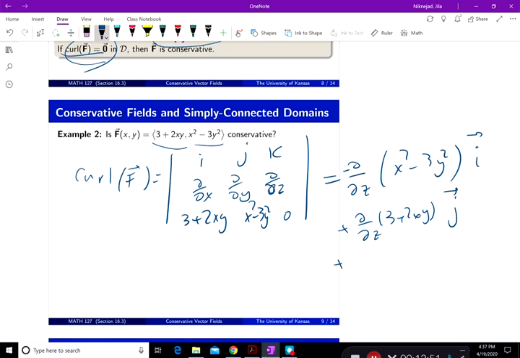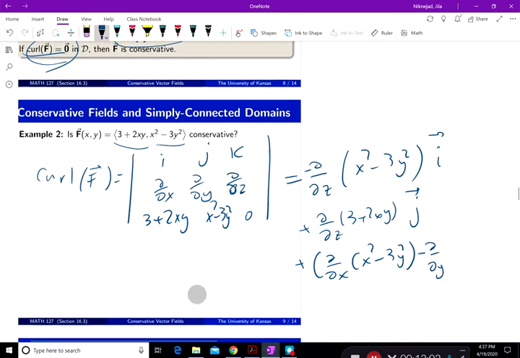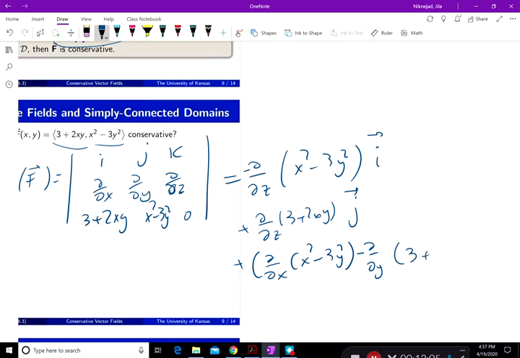And the k-th component is going to be the partial with respect to x of x squared minus 3y squared minus partial with respect to y of 3 plus 2xy, k. And this is going to be 2x, and this one is going to be minus 2x, k, which is 0 vector.